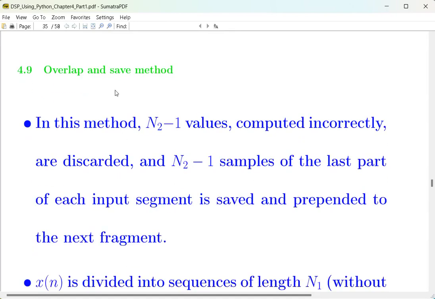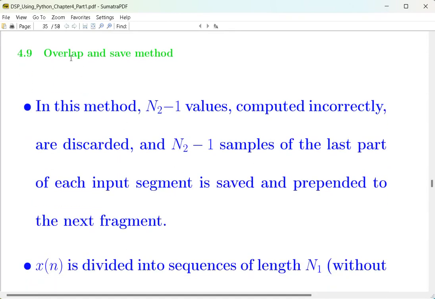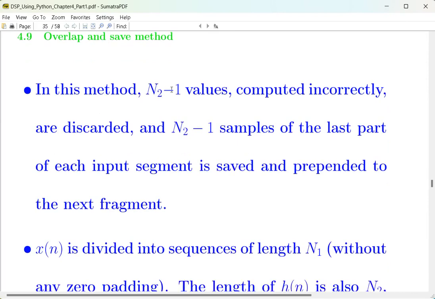Now the next method, overlap and save. In this method, n2 minus 1 values computed incorrectly are discarded, and n2 minus 1 samples of the last part of each input segment are saved.